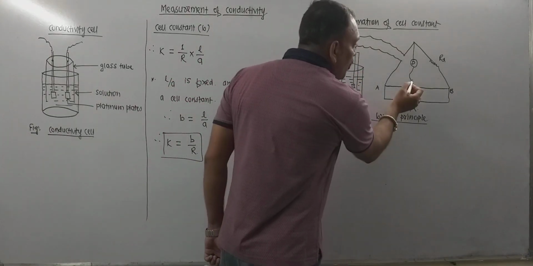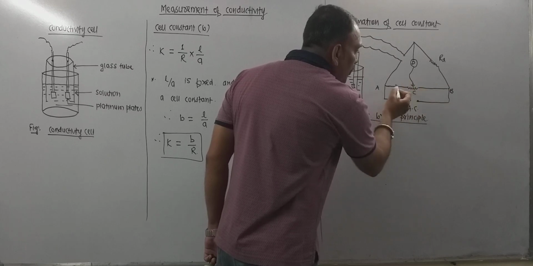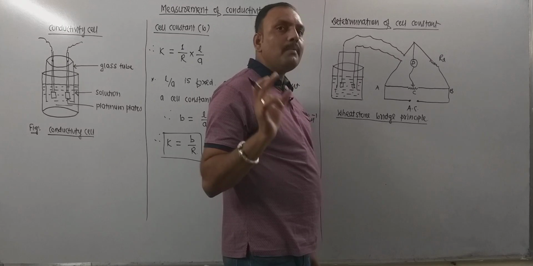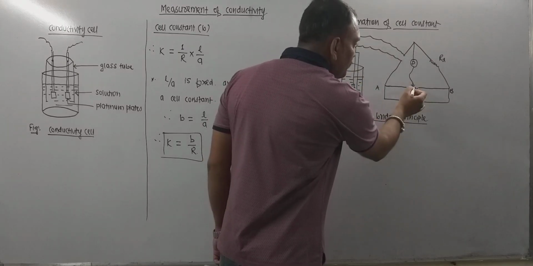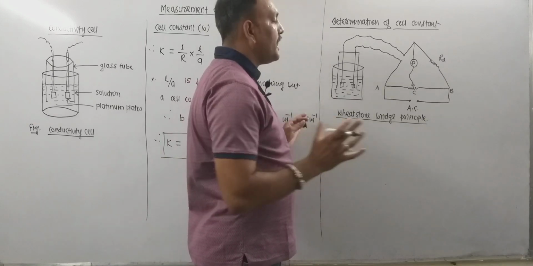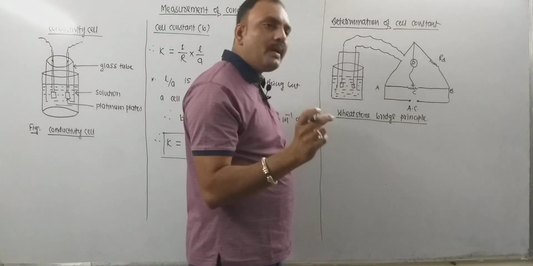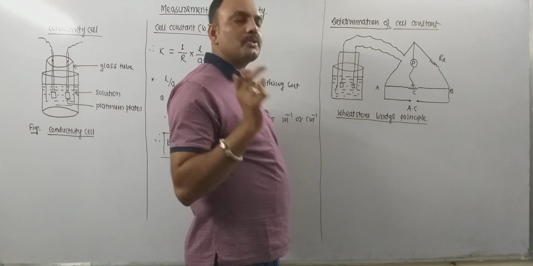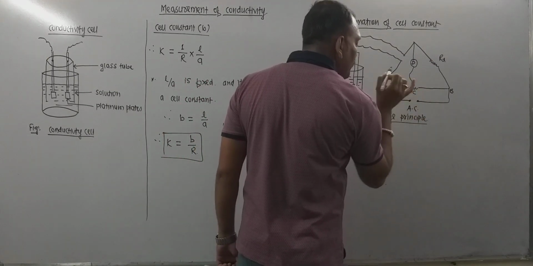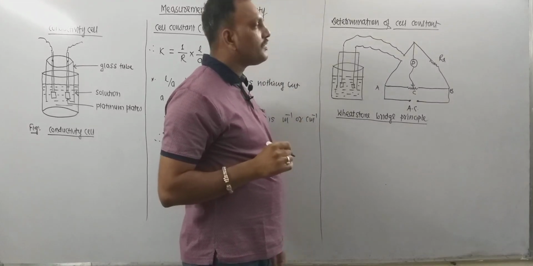Now we need to move this jockey over the wire. So on moving we may get a point, say C, at which the current gets balanced, and at that point the flow of current stops. Now we need to note that point, we need to record that point.